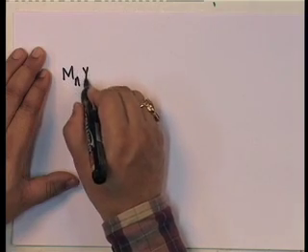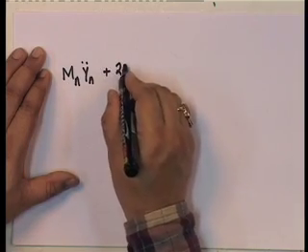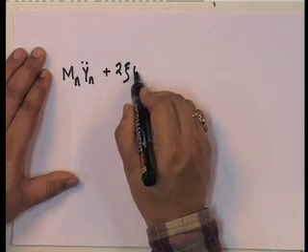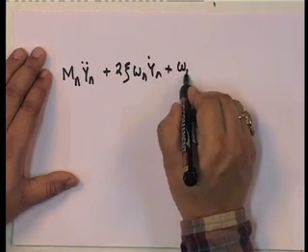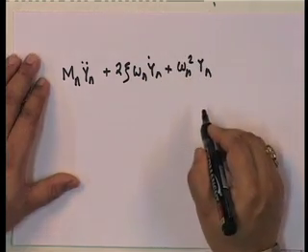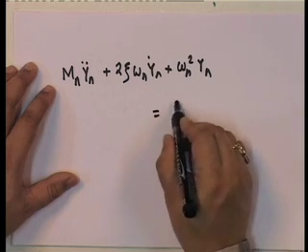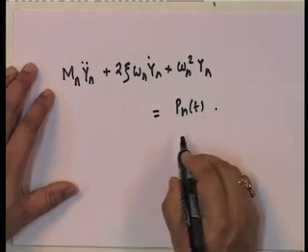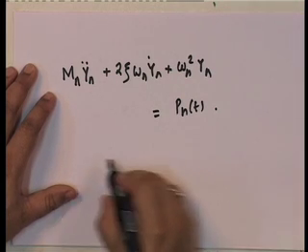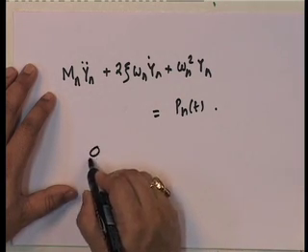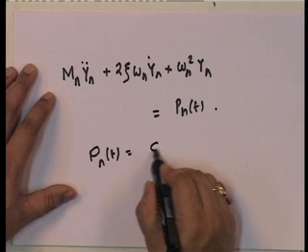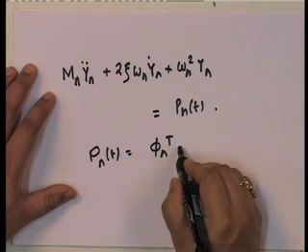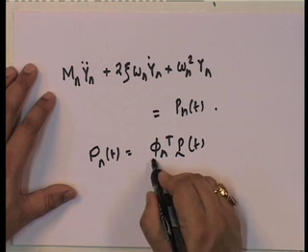Okay. So, the modal amplitude equation looks like m n y n double dot, and here I can incorporate my damping, y n double dot plus omega n squared y n, is equal to P n of t, where P n of t is nothing but phi n transpose P of t.